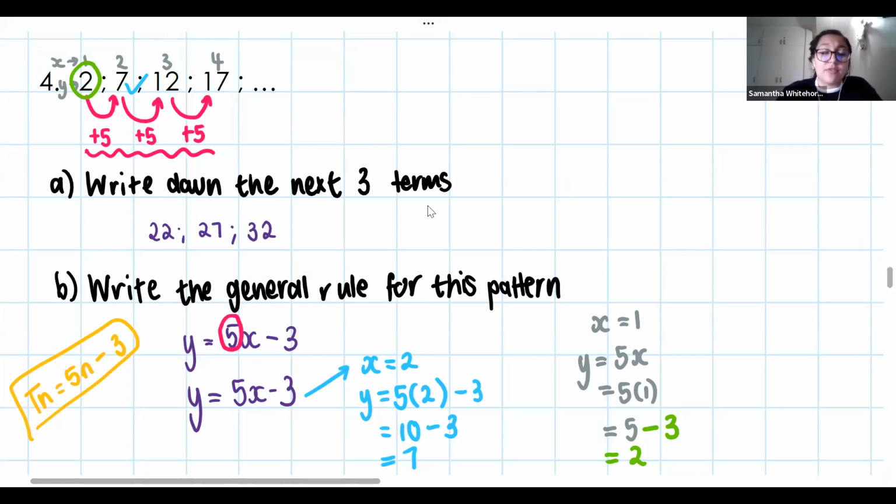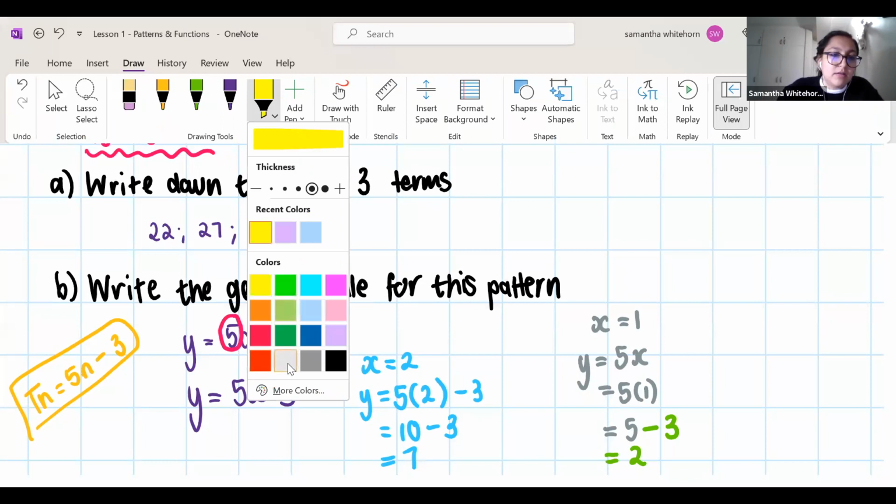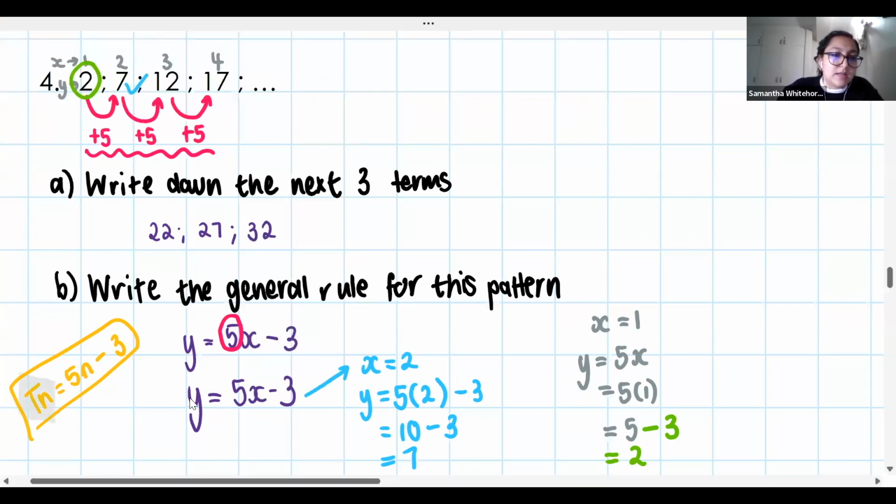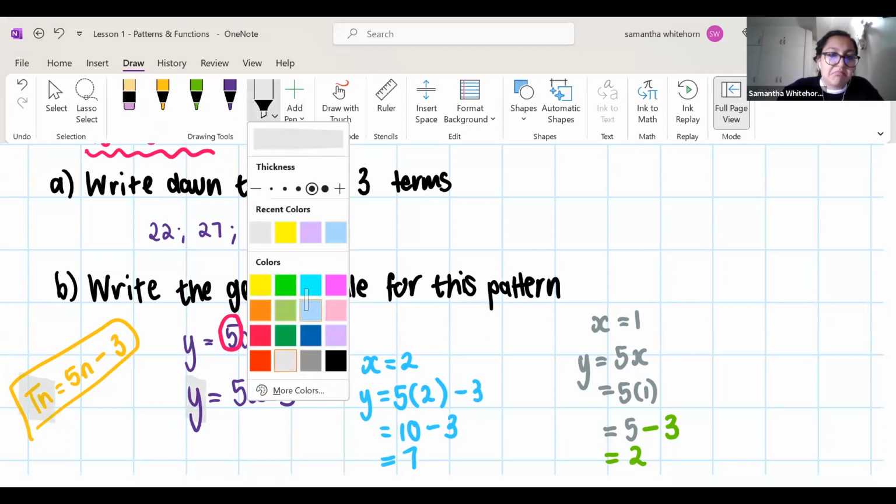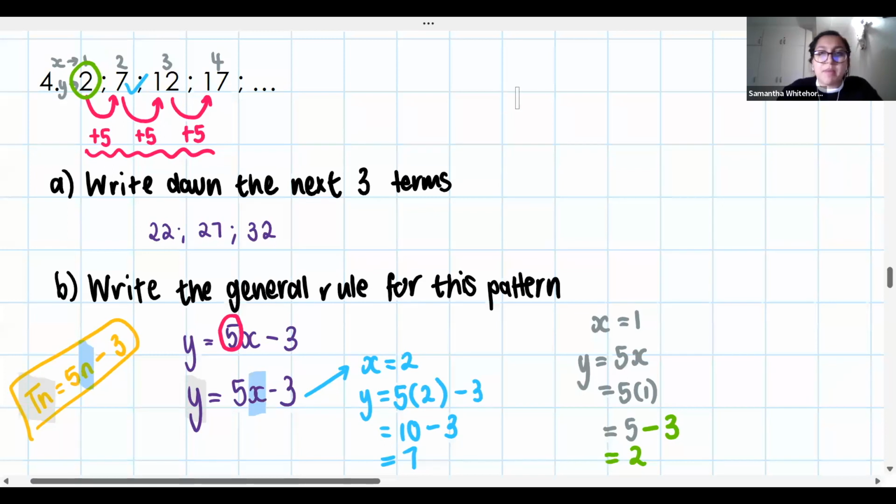Because if you know how to find a rule using x and y or using TN, it doesn't really matter. It's just changing things. So what you can see here in what I've done is that TN means exactly the same thing as y, and the n means exactly the same thing as x. So you just swap them out. So it's not a problem either way.